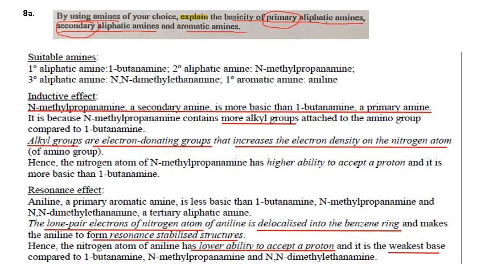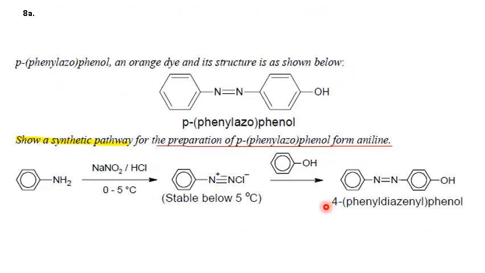Okay, so let's check the next one. p-phenol, an orange dye, and its structure is shown below. Show a synthetic pathway for the preparation of this compound by using phenol. Okay, started from aniline, by using nitrous acid at 0 to 5 degrees Celsius.